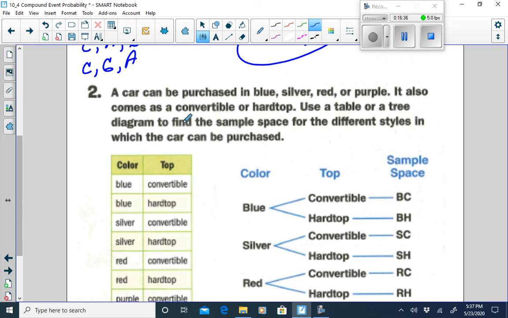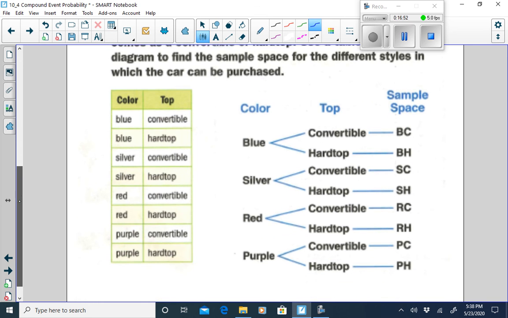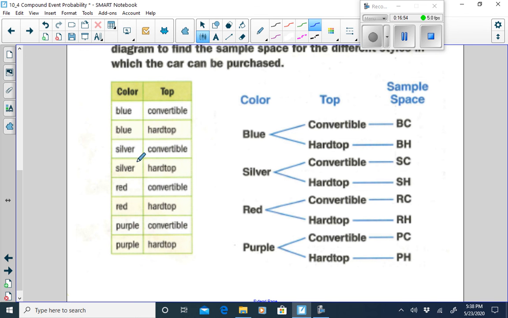It says a car purchased in blue, silver, red, or purple can be purchased. It also comes as a convertible or hardtop. Use a table or tree diagram to find the sample space for the different styles in which the car can be purchased. Well, if we make a table, it would look like this. We could have blue convertible, a blue hardtop. Silver convertible or silver hardtop. Red convertible, red hardtop.